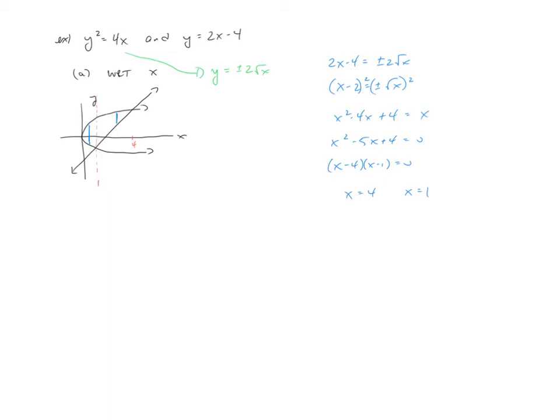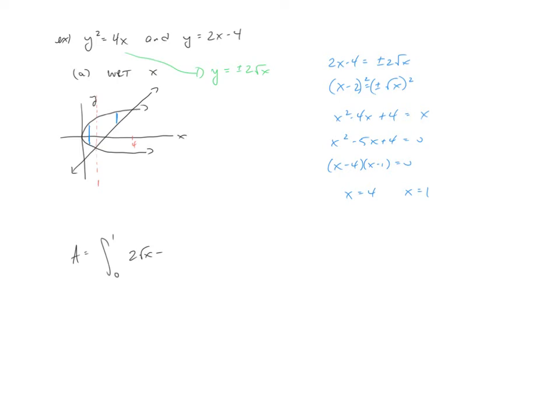Okay? So let's go ahead and get this thing set up now with respect to x. So we'll have two regions again. We'll have the first one going from 0 to 1. And for 0 to 1, the top part is going to be the top of this sideways opening parabola, which when you look over how we've solved, that's going to be the positive 2 root x. So we'll have a positive 2 root x minus the bottom.